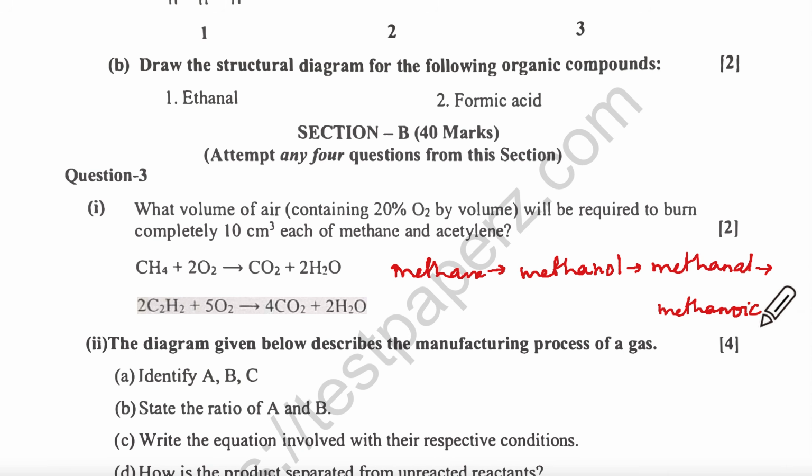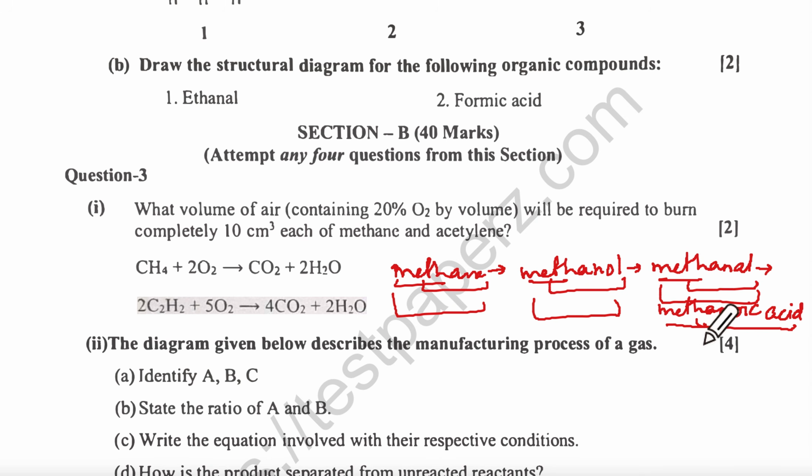This is the chain. If it is eth, then ethane to ethanol to ethanal to ethanoic acid. Understanding? Alkane to alkanol to alkanal to alkanoic acid.